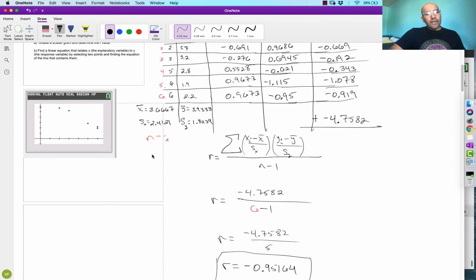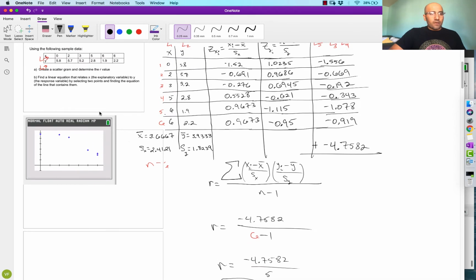And then we did this really, really long, tedious calculation to figure out the R value, the correlation coefficient value, and it confirms our suspicion that there is a strong negative linear relationship.